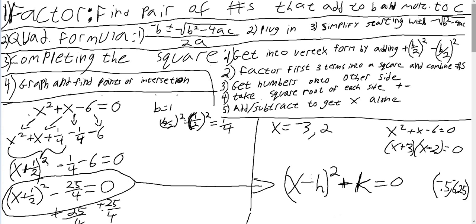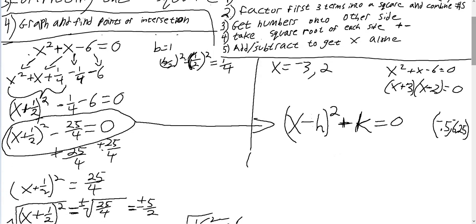Remember h is the x coordinate of the vertex, and k is the y coordinate of the vertex. So using that graph in the calculator, we can find that the vertex form is going to be x minus h squared. Sorry, instead of writing h, h is going to be negative a half, from right here.